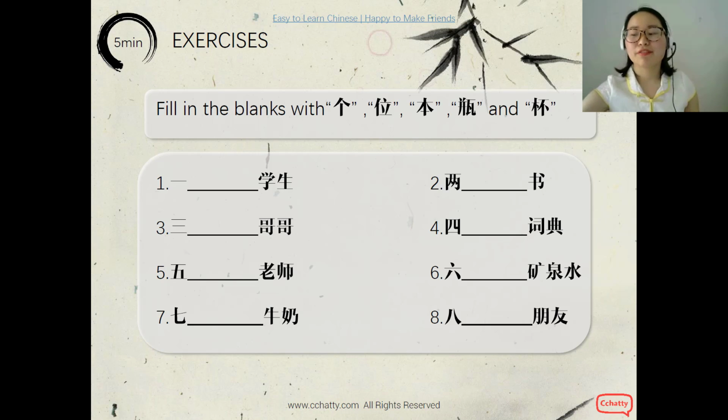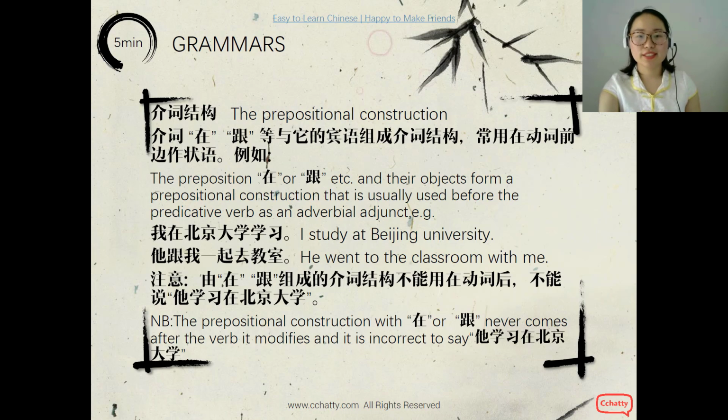Okay, maybe 7 cups of milk. We'll learn milk. 7杯牛奶. So practice the measure words we have learned.